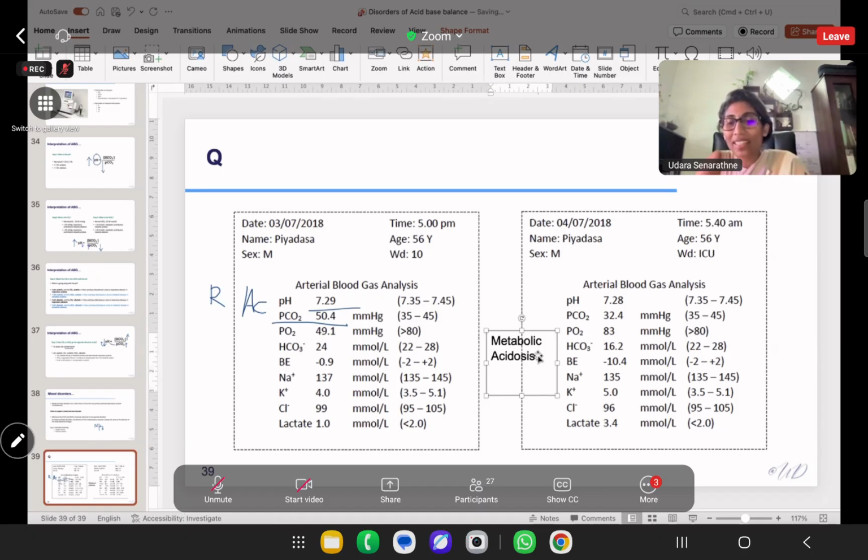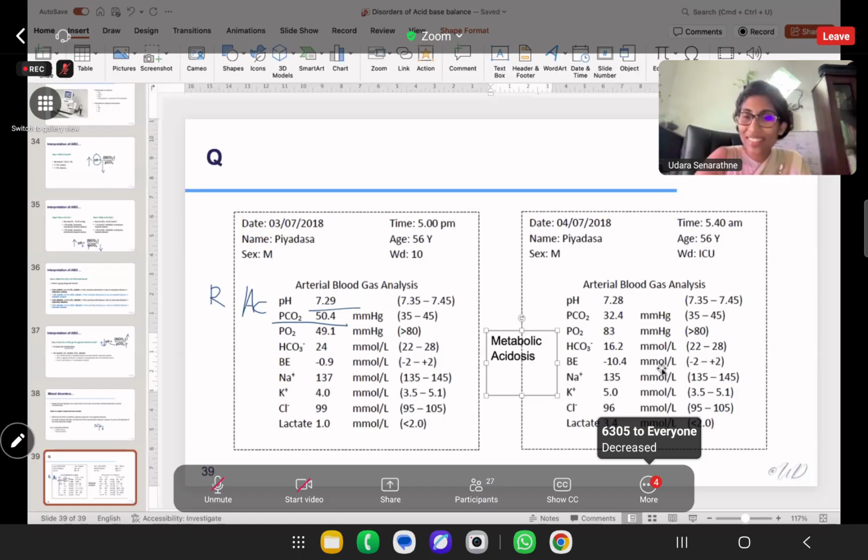And then we go and look at the other component again, CO2. Is it decreased, normal, or increased? CO2 has decreased. Very good. When CO2 decreases, what is going to happen?